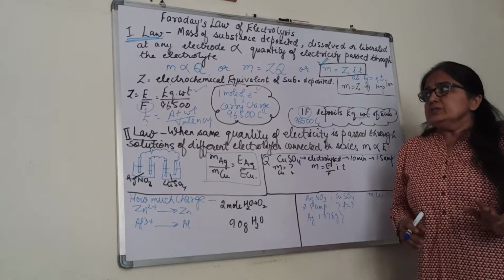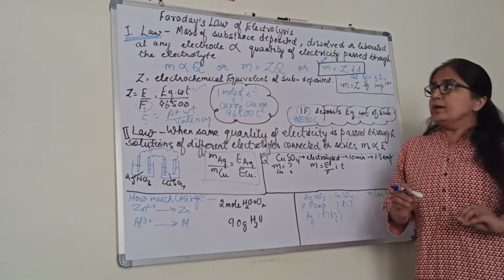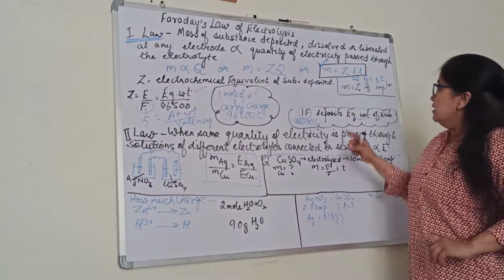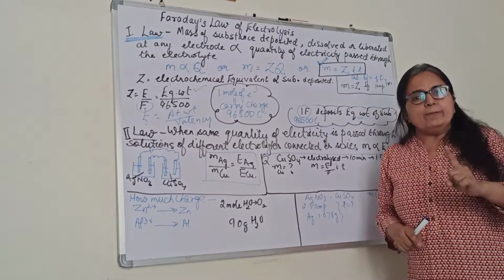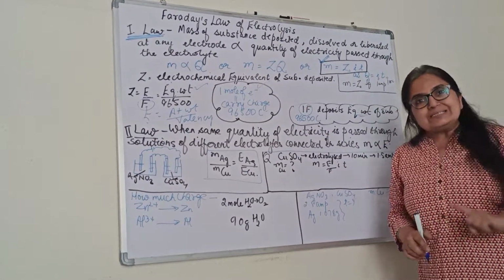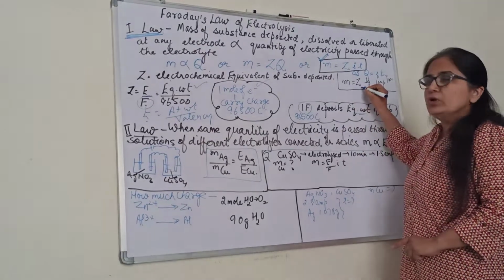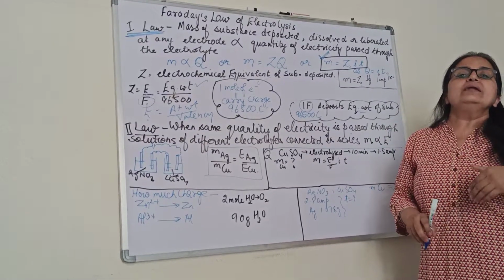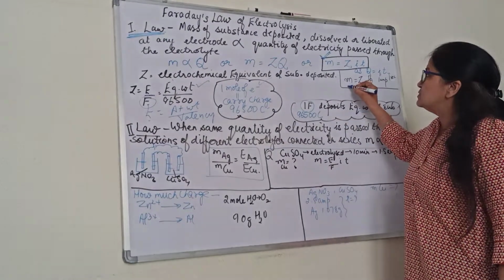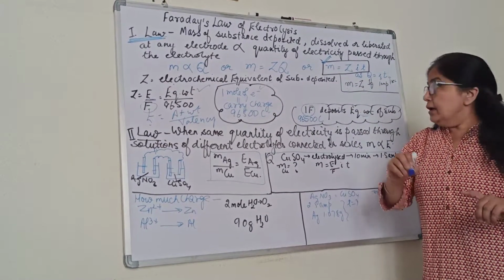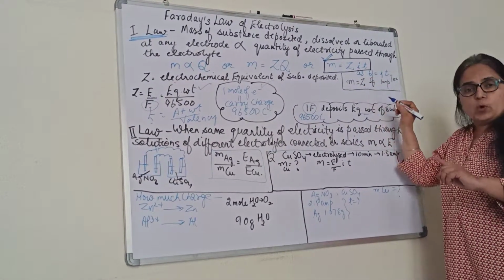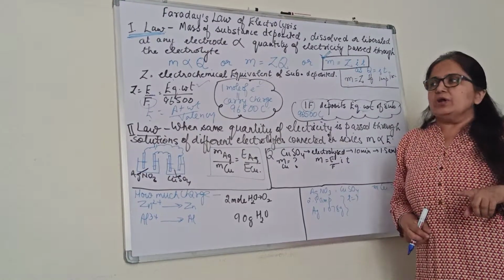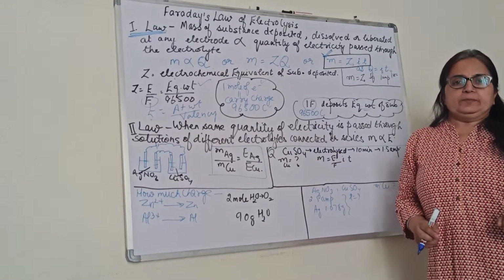See children, we can define this Z. In this particular formula we wrote M is Z into I into t. If I is 1 ampere current passed for 1 second, we can say M is equal to Z. So we can define electrochemical equivalent as the mass of the substance deposited when 1 ampere current is passed through the electrolyte for 1 second.